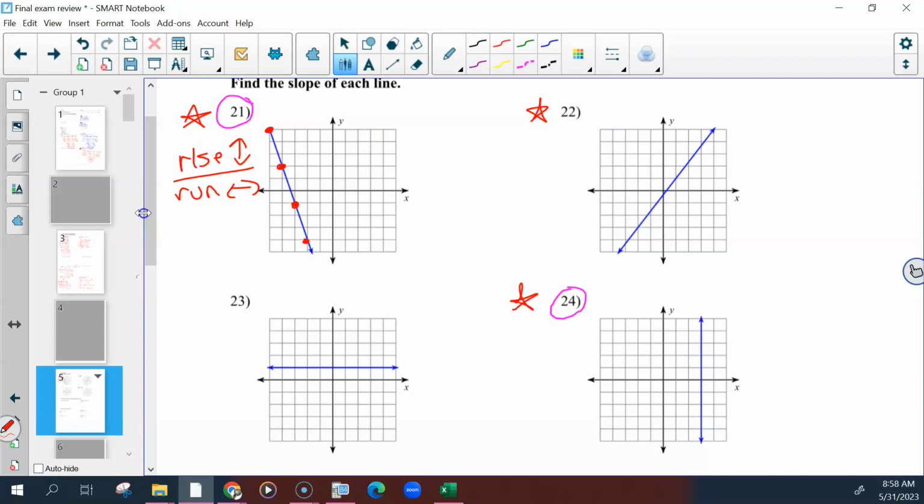So if you're going this way, you're going up 3 and to the left 1. You could also look at it the other way and go down 3 to the right 1. Either way, one of those directions has a negative, the left or the down. So we would simplify that and say it's negative 3.